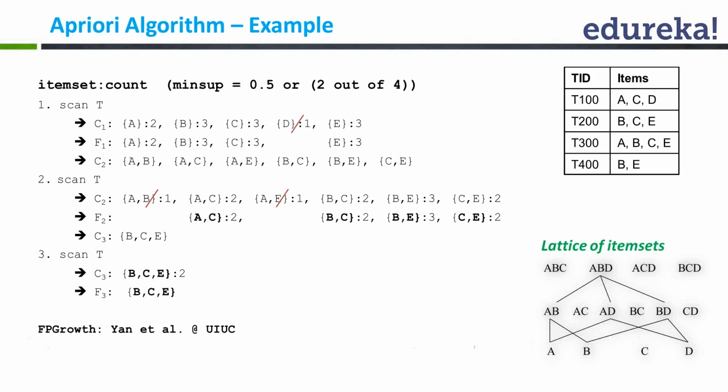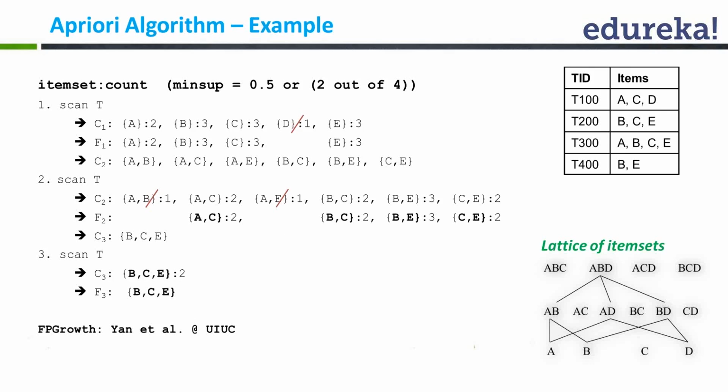That means if ACE occurs 50% of times, then obviously AC should occur at least 50% and AE should also occur at least 50%, right? That's, I mean, just intuition. Now, as you can see here, AE does not actually occur 50% of times.